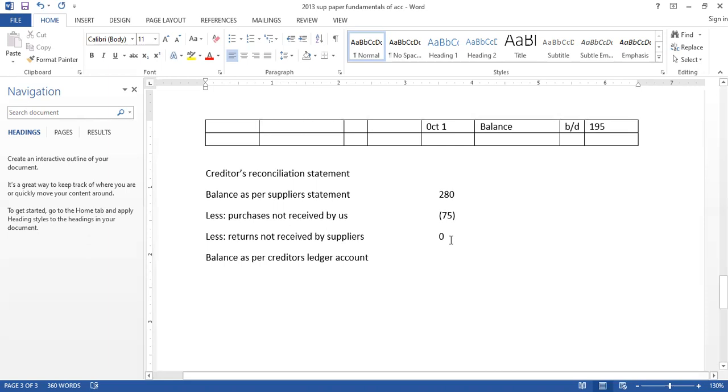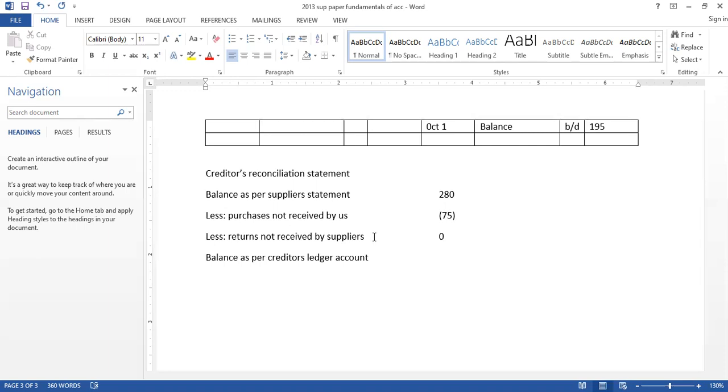However, we have a discount. We got a discount of $10, but our suppliers did not record the discount. If you check the first additional information, you are told that Brandon Ltd paid the balance owing at 31st August, after deducting a settlement discount of $10.